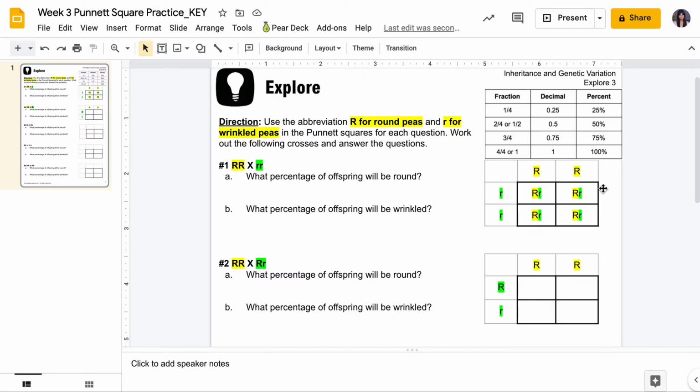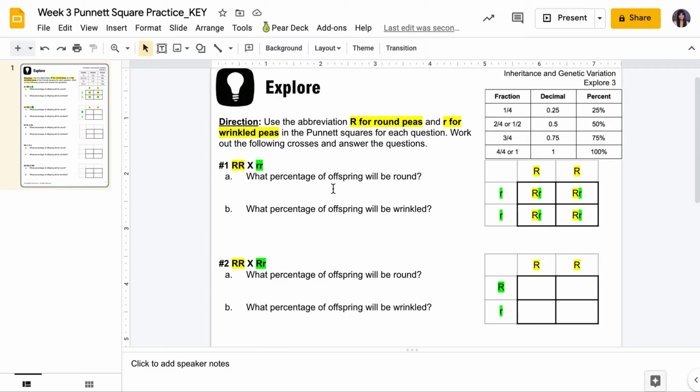Out of the 4 boxes, I see that 4 out of 4 are heterozygous. What does that mean? If they're heterozygous, they have a dominant allele and a recessive allele. Remember, the dominant allele always overpowers the recessive allele, which means that all of them will have round peas.